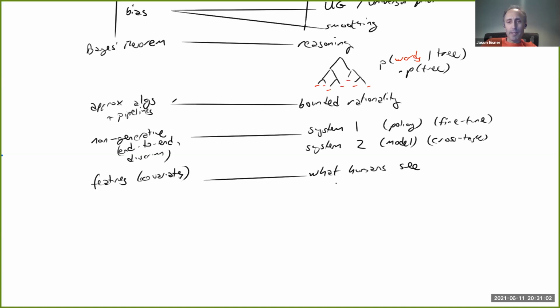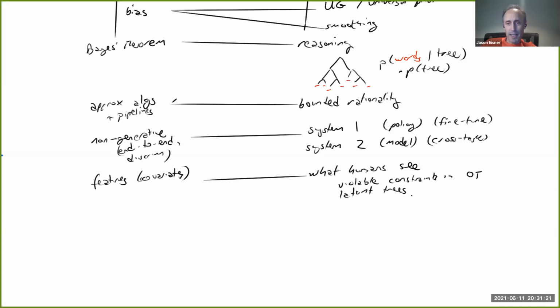So an example would be violable constraints in optimality theory, or latent trees, and features.